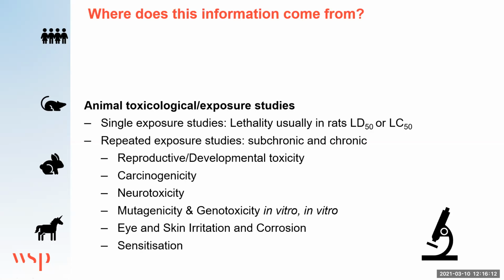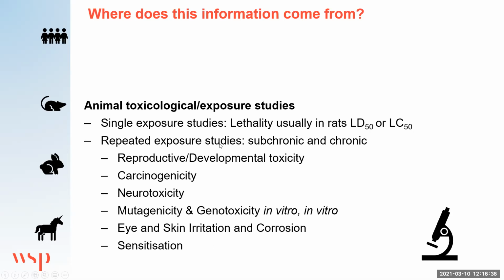We also have animal data. This data usually comes from animal exposure studies, toxicological studies. You can break them down into pretty much two types. Single exposure studies, where you're looking at acute effects. Some of the outcomes of that are your LD50s and LC50s, which is the lethal dose to 50% of the group that have been exposed.